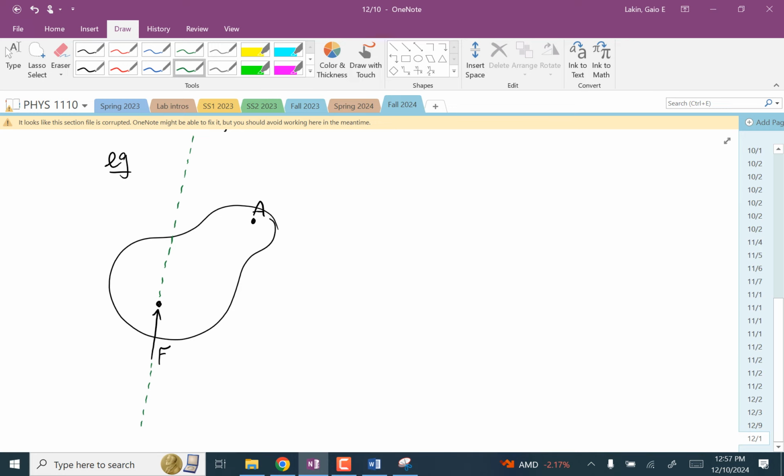I'm going to imagine this force being moved to a place where F is perpendicular to that line. So I'm going to take this force and move it to here. It's not even on the body. It doesn't make much physical sense, but that's where I'm going to move it.